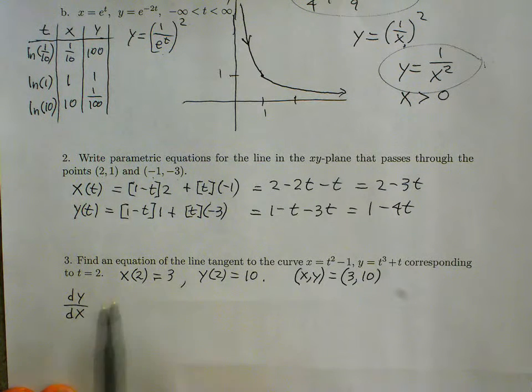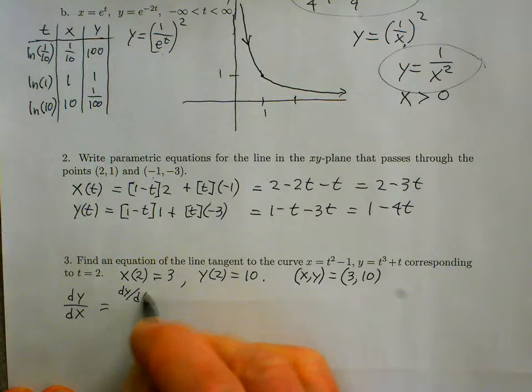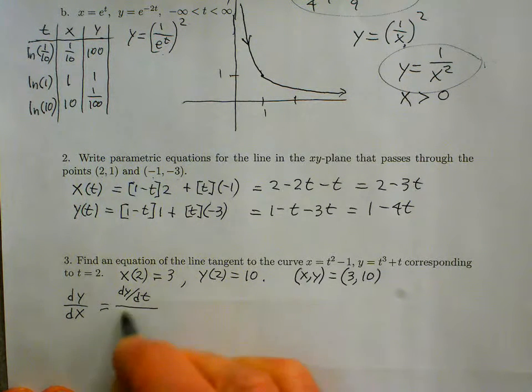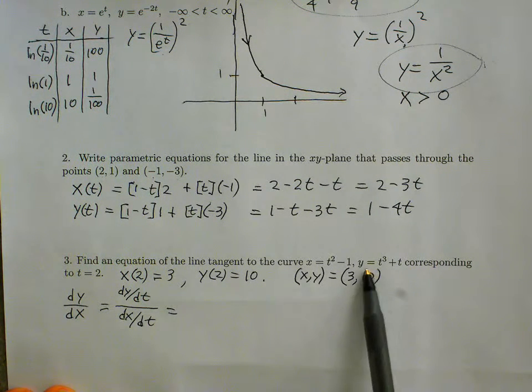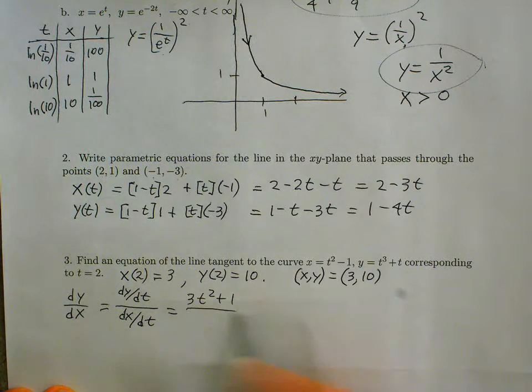Well, y is a function of t, so dy/dx, remember, is dy/dt in the numerator and dx/dt in the denominator. So the derivative of y with respect to t in the numerator is 3t squared plus 1. And the derivative of x with respect to t in the denominator is 2t.